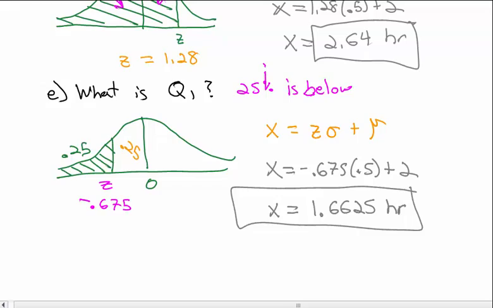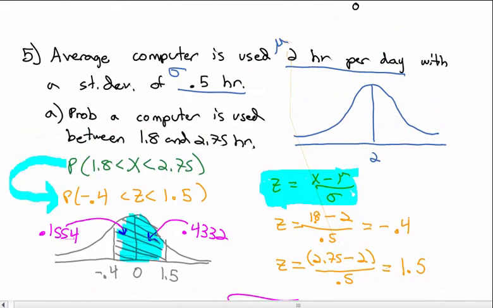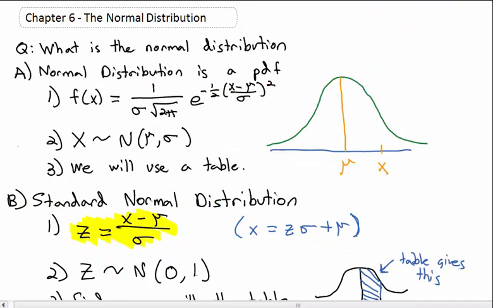For now, what we want to get really good at is taking a problem like number 5, where we've got the mean and the standard deviation, standardize it by changing it to a z-value, x minus mu divided by sigma, and then use the table and the areas to calculate the area or probability that we're looking for. That is the normal distribution. We'll see you in class to continue working with it.